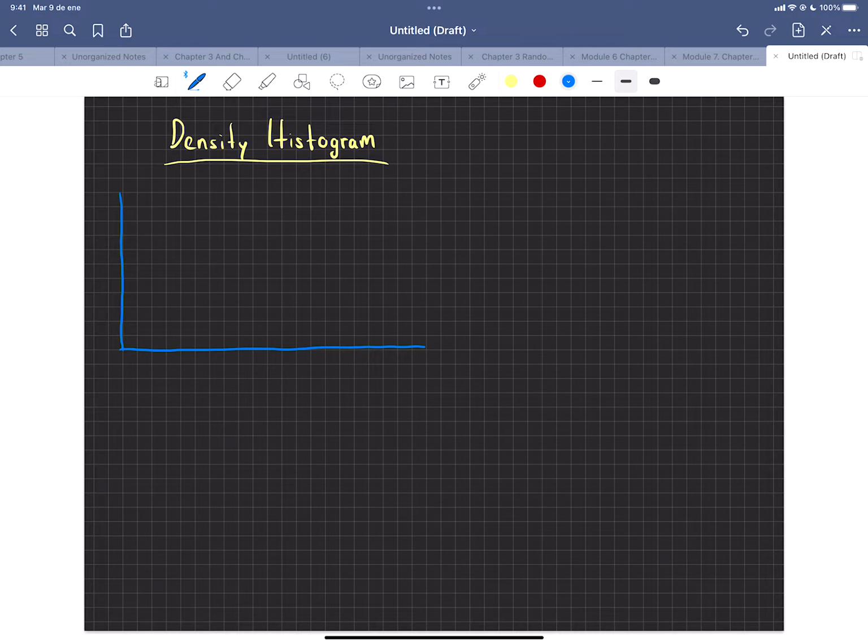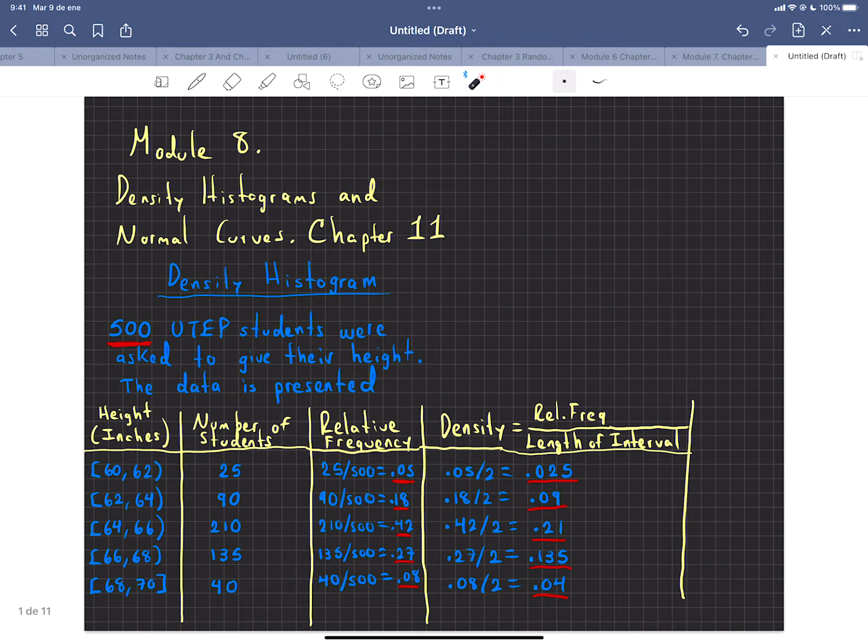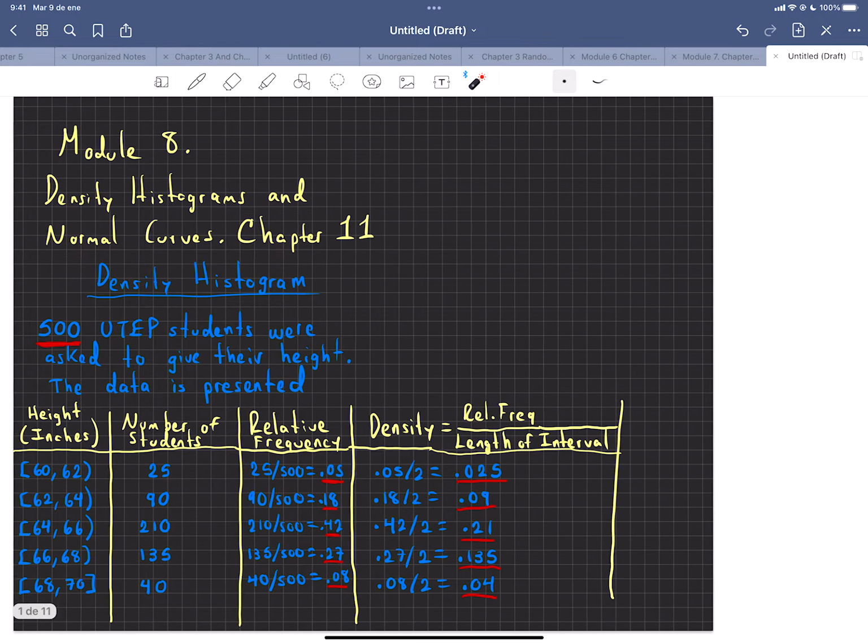All right, so you're going to create one vertical axis and one horizontal axis. Now here, in the horizontal axis, you're going to put the labels with the numbers for the extremes of the interval, 60, 62, 64, 66, and so on.